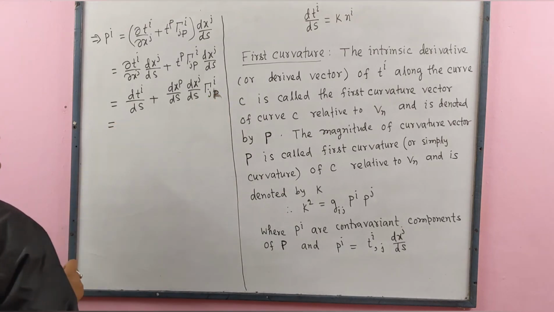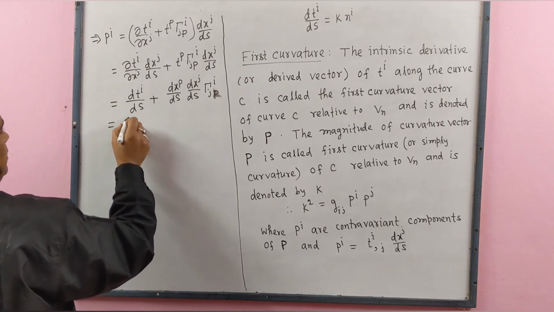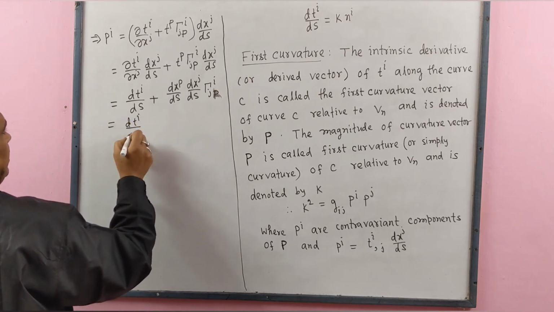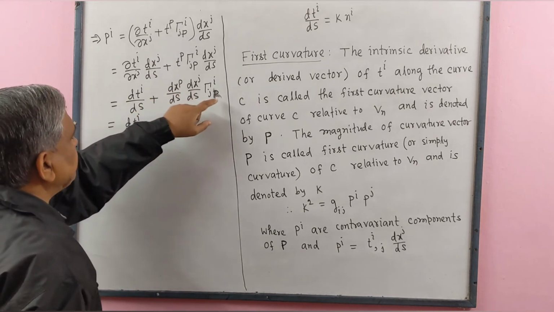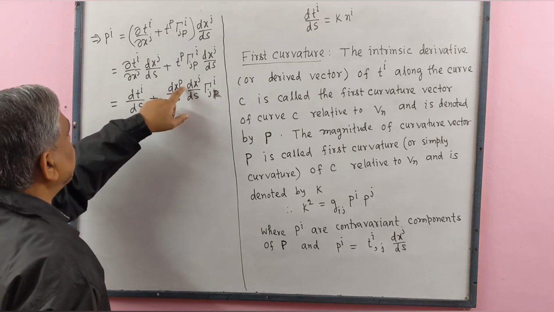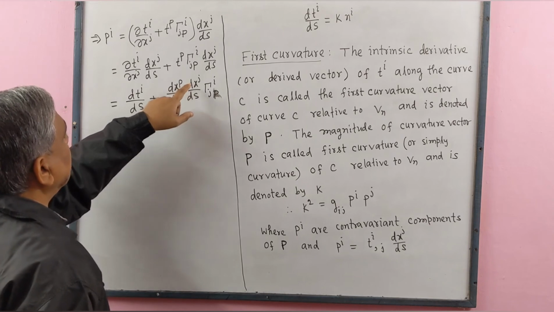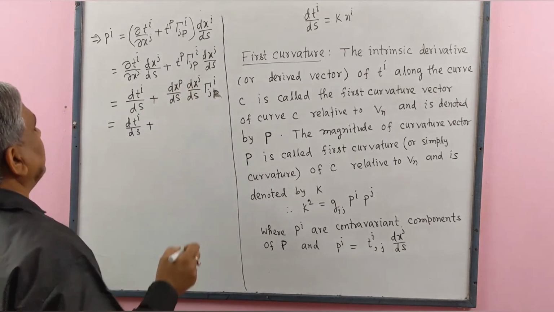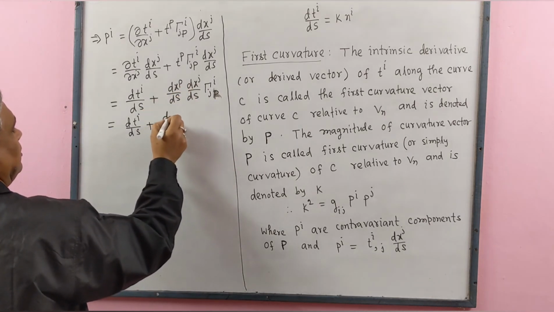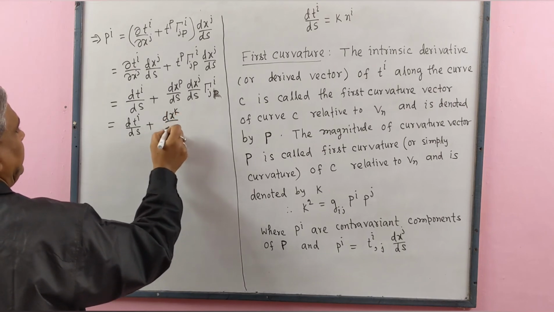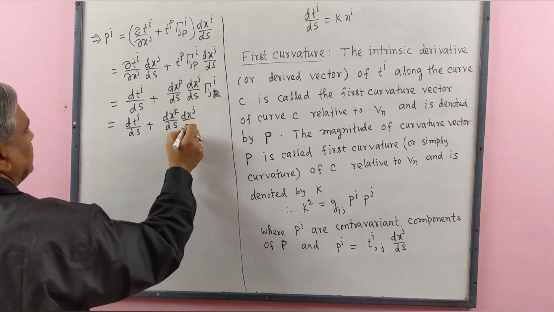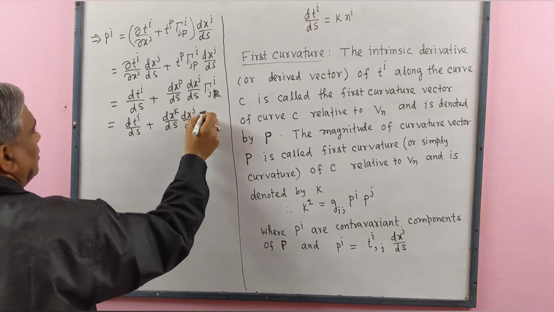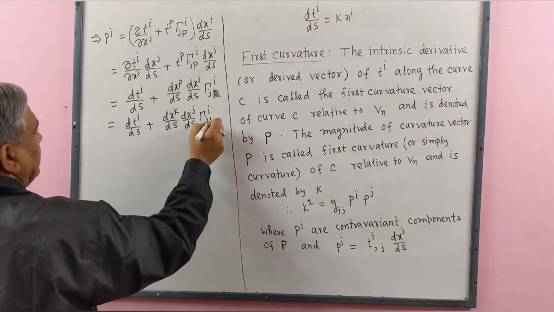This equal to dti by ds plus, here p is the dummy suffix. We change this dummy suffix p to k, dxk by ds, dxj by ds, Christoffel symbol ijk.